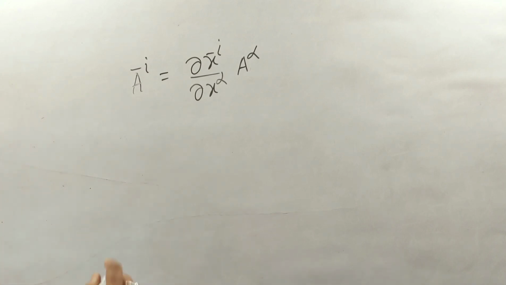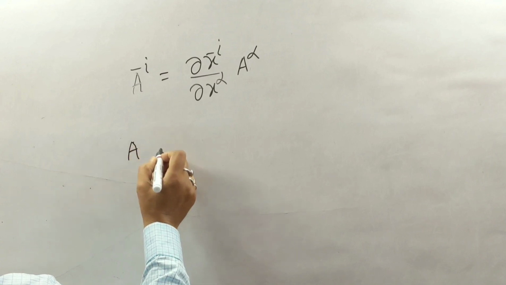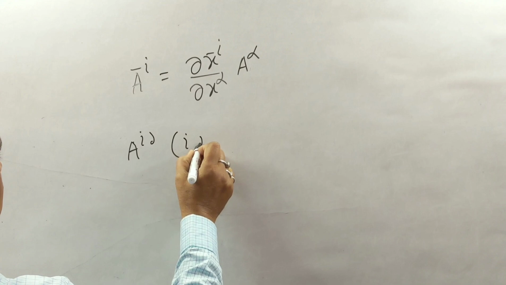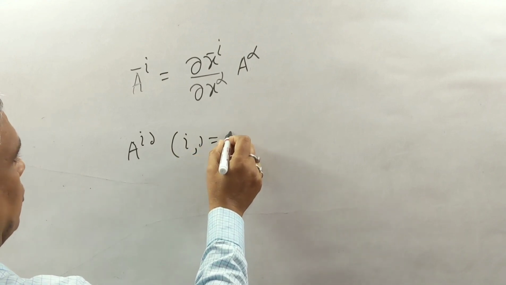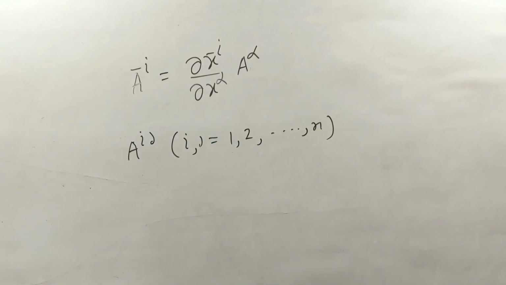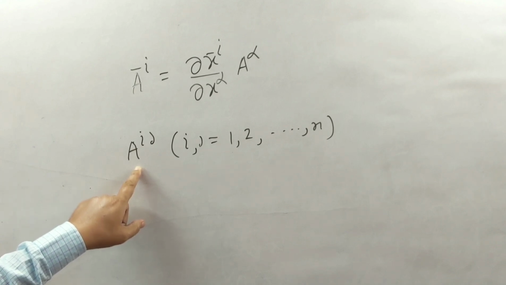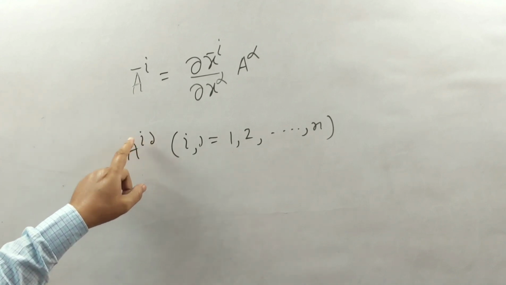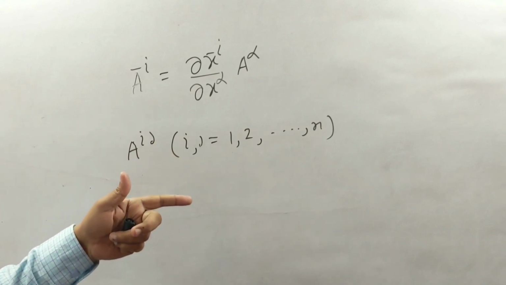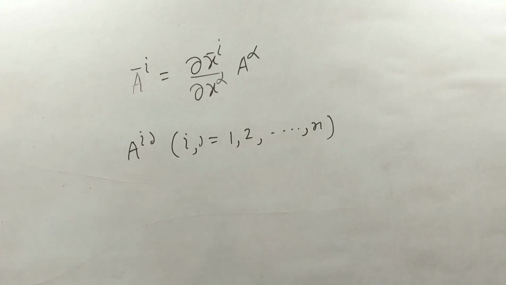Let a^{ij}, i, j equal to 1 to n, in which we get n square number of quantities, a11, a12, a13, and in this way we get an n by n matrix.